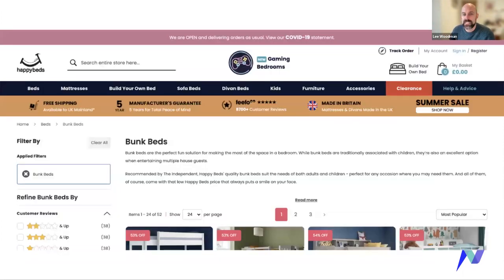Versus this is Happy Beds. So again, I've not landed on the homepage. I've landed on their bunk beds page. So a sub page or sub product or category page in this instance. But look at all of the subtle, might not call it subtle, but elements which are building trust pretty quickly.